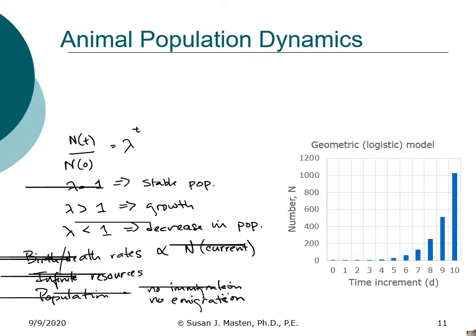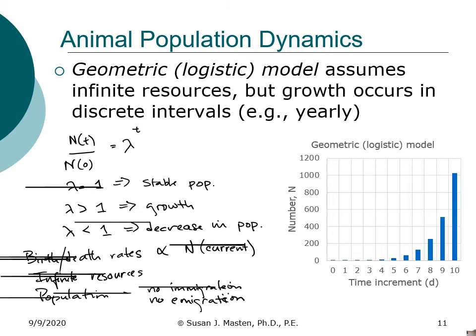Now, we can also use a geometric growth model. Again, this assumes infinite resources, but in this case it assumes that growth occurs in discrete intervals, which is why I've used a bar graph here versus a scatter plot, because we're assuming discrete growth.